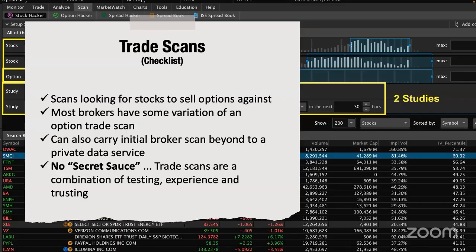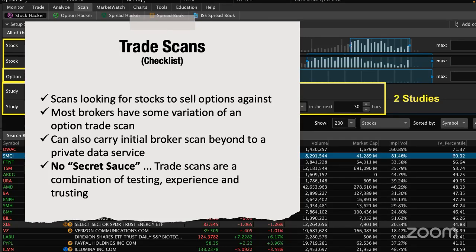The scans, let me just start off with this. Basically, we scan looking for stocks to sell options against. That's basically our goal, not to buy an option or even to buy a stock and own a stock. Most brokers have some variation of an option trade scan.